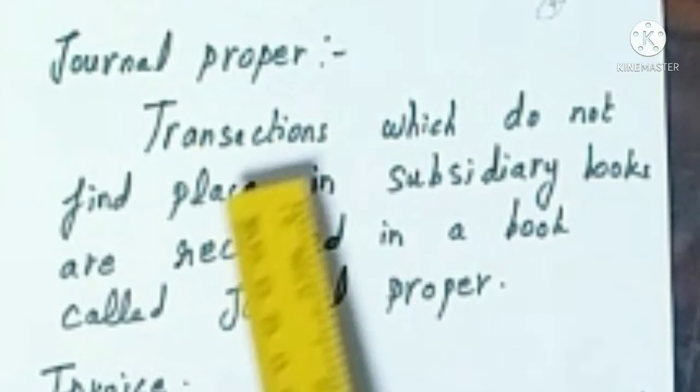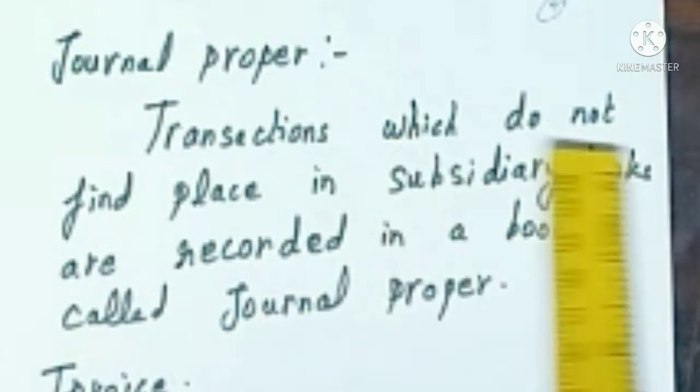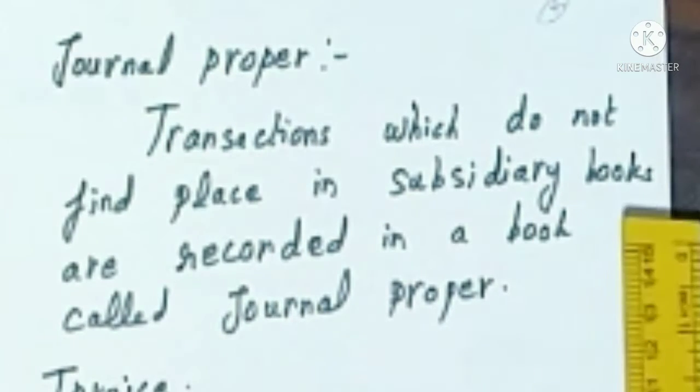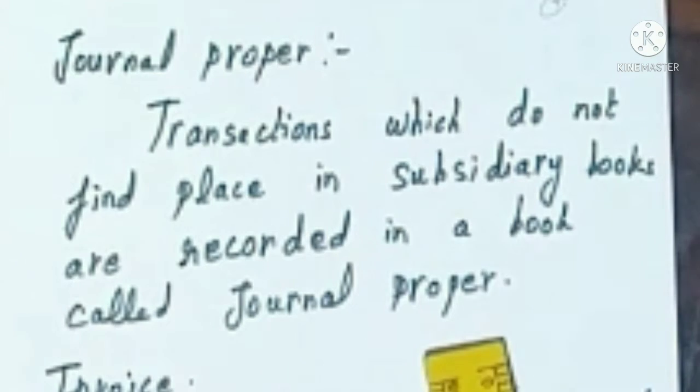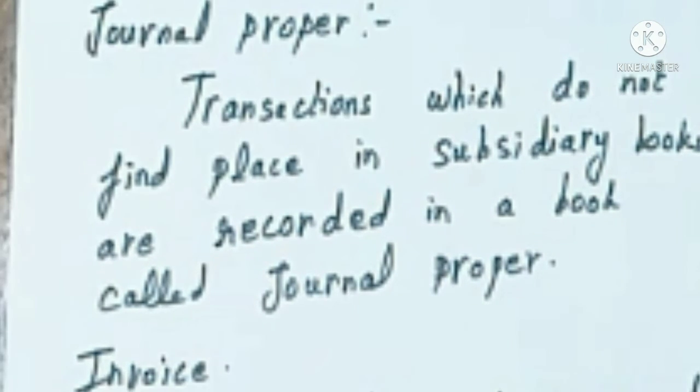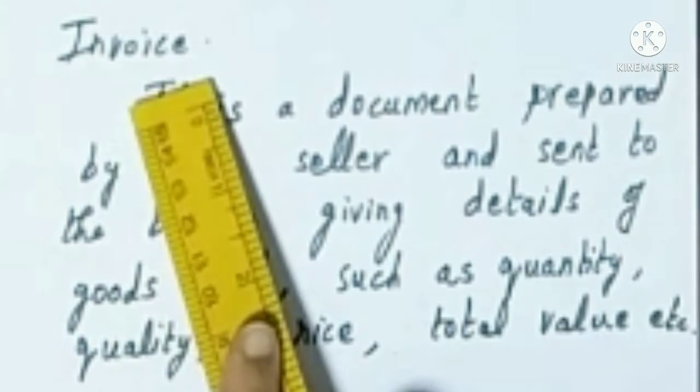Journal proper. Transactions which do not find place in subsidiary books are recorded in a book called journal proper. Invoice.